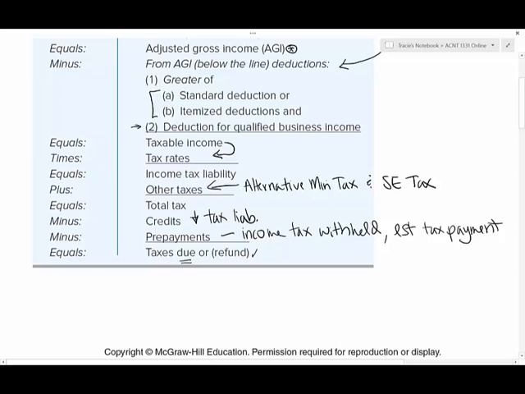Once we subtract out the tax payments, then we're down to the amount of taxes that is due, or, if the taxpayer is lucky, the amount of tax that's a refund. Okay, so that's our overview of the tax formula. Remember, for this chapter, you need to have a broad-based understanding of the tax formula. In later chapters, we're going to go into each of these areas in more detail.